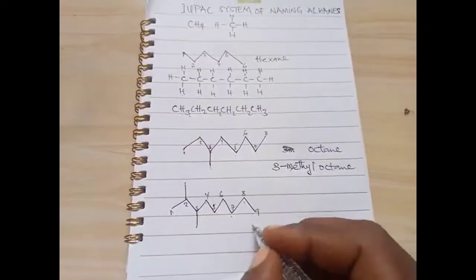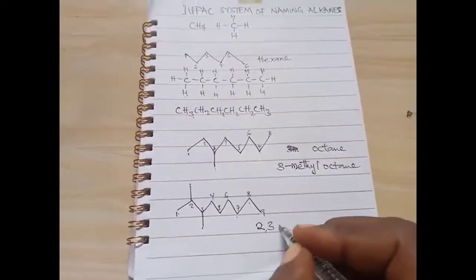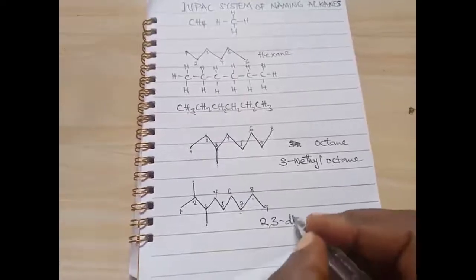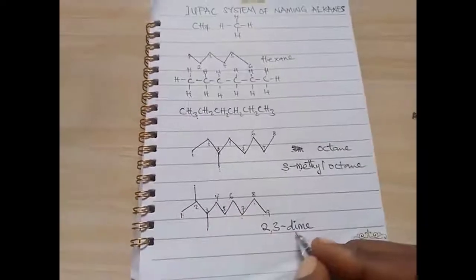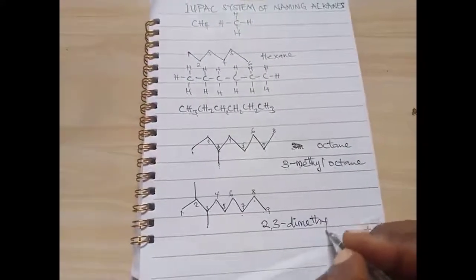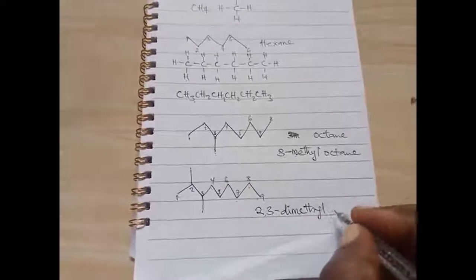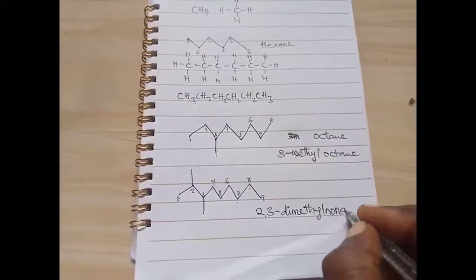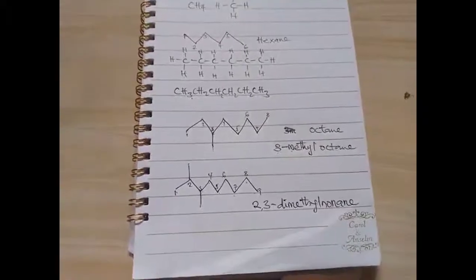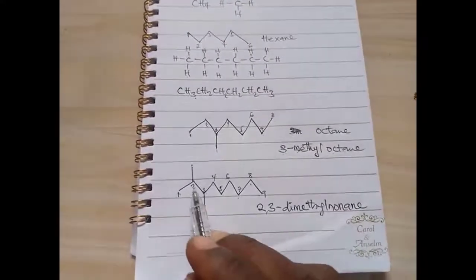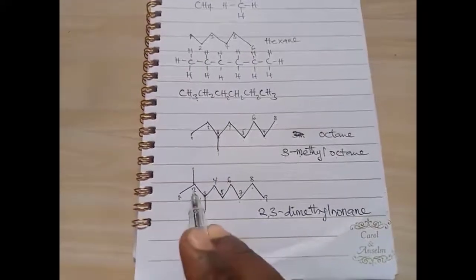So we're going to say 2,3-dimethyl, which means we have 2 methyls. 9 happens to be nonane, so we say nonane. So we give them the lowest numbers possible, because from here it is 2 and 3.